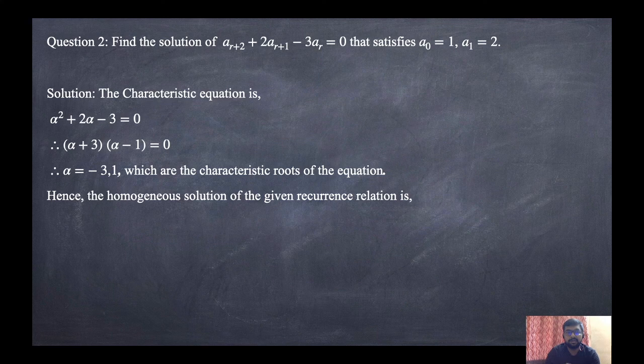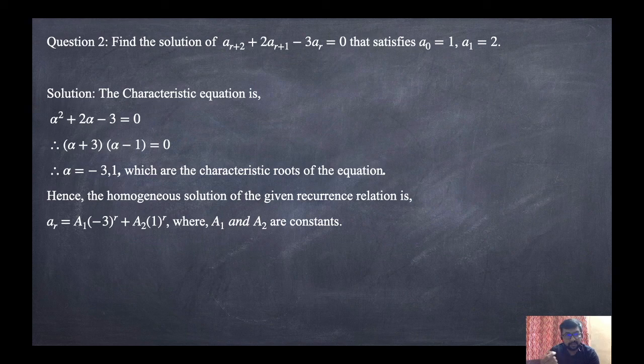Hence, the homogeneous solution of the given recurrence relation is a_r = A1 alpha1 raised to r plus A2 alpha2 raised to r. Let us take this as alpha 1 and this as alpha 2. You can change the order, as A1 and A2 are constants.